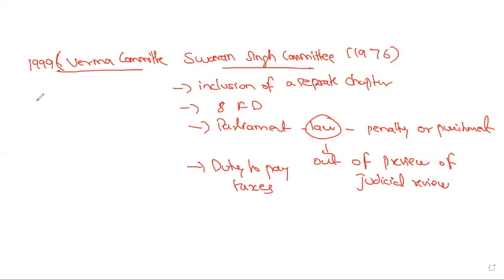They recommended that we need to reorient the approaches in the school curriculum and teachers' education programs so that we could implement the fundamental duties in higher and professional education. That is one of the great recommendations that the Verma Committee gave.